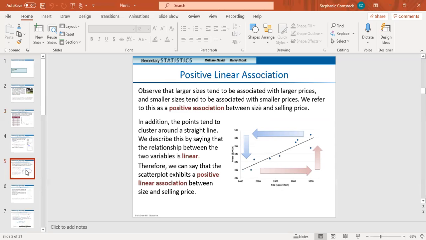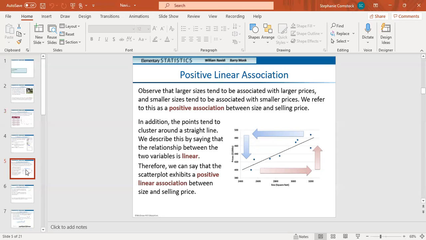Specifically, we're looking at a positive linear association because it follows, most likely, a kind of straight line as opposed to different shapes, U shapes or other shapes. For the most part, this is in a general upward direction. Again, we're not looking for every single point to be exactly on the line. We're looking for an overall basic shape.